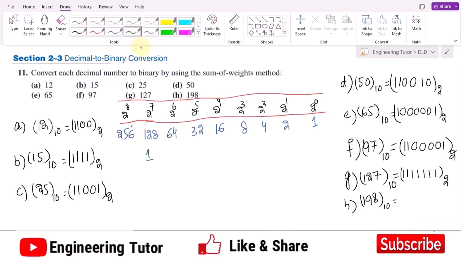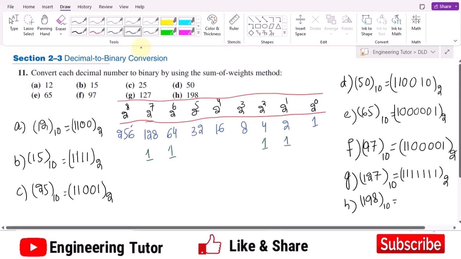So with 128, when I add 64, what will it be? 192. How much is remaining? 6 is remaining. So 192 plus 4 is 196, and 196 plus this 2 is 198.